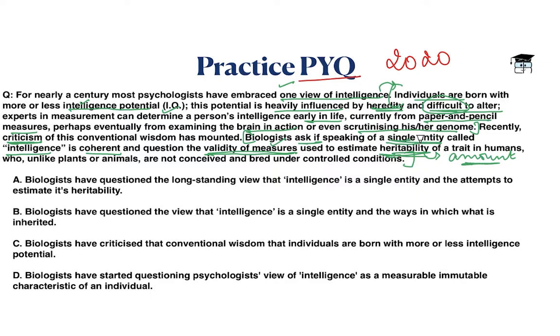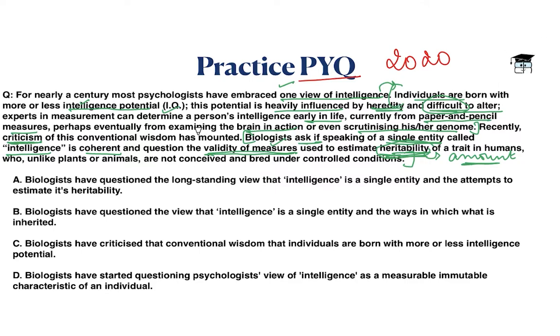They are questioning the validity of the measures that are taken regarding the heritability concept. That means they are questioning how a gene is transferred into a person, and that method is being questioned by the biologists, right? Whether that method is right or that method is wrong. Okay, so let's start with the options then.